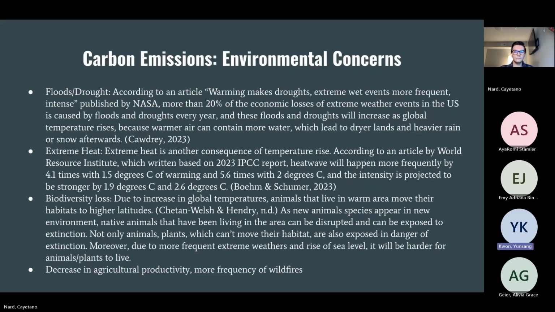Plants, which can also move their habitat, are likewise in danger of extinction. Moreover, due to more frequent extreme weather and the rise of sea level, it will be harder for animals and plants to live. There are many other environmental concerns, such as decreased agricultural productivity and more frequent wildfires.